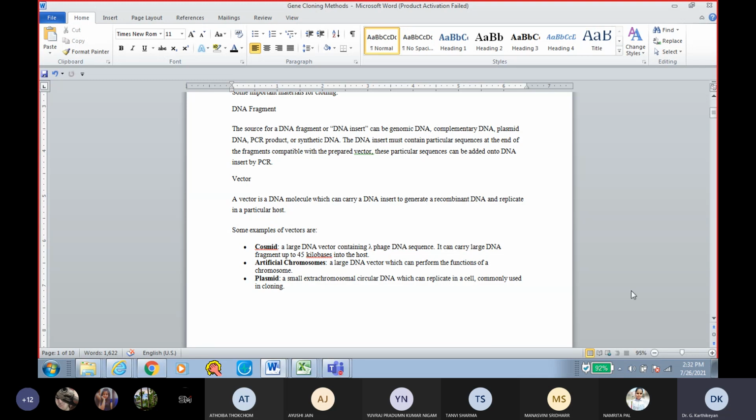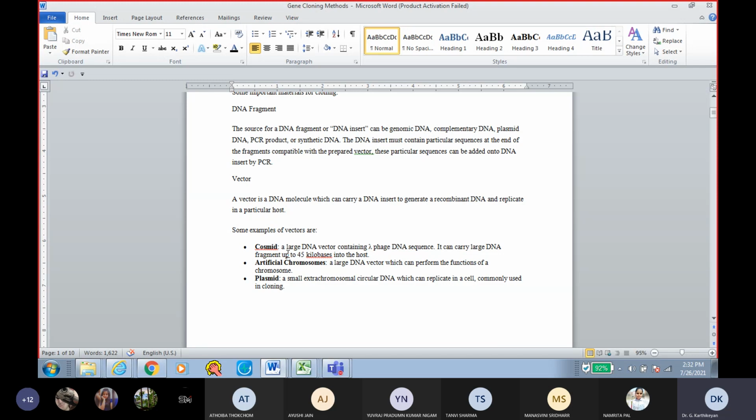Okay, for example, cosmid. A cosmid is a large DNA vector which contains lambda phage DNA sequence, and it can carry fragments up to 45 kilobase pairs into the host. Typically, plasmids can carry, on an average, very comfortably up to 2 kilobase pairs of DNA.